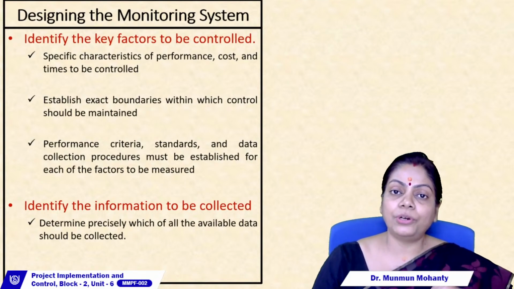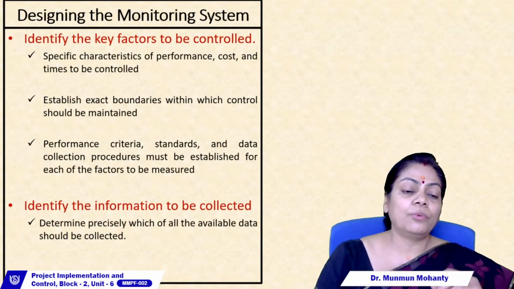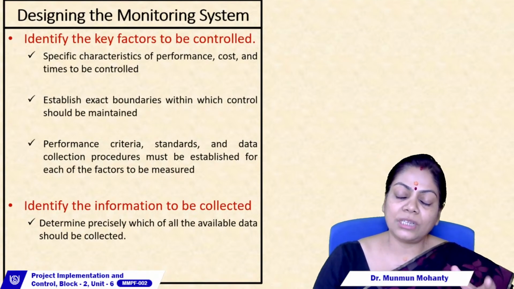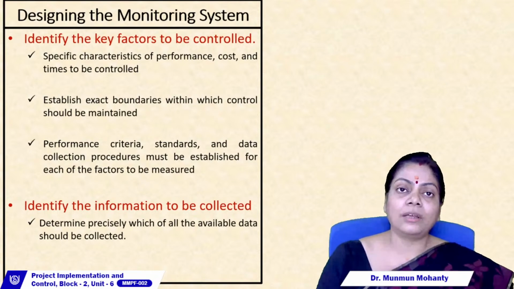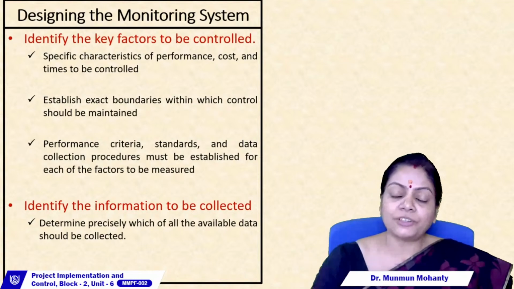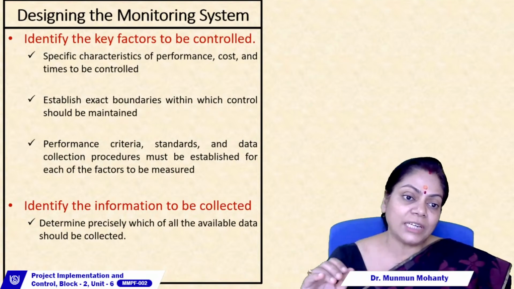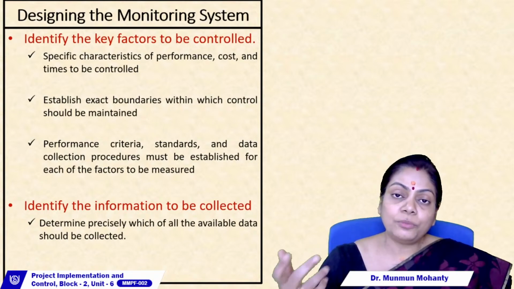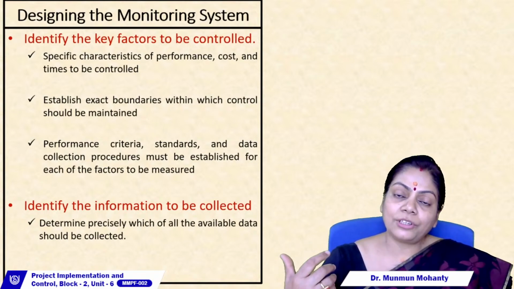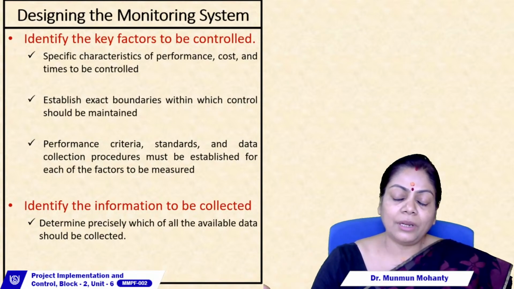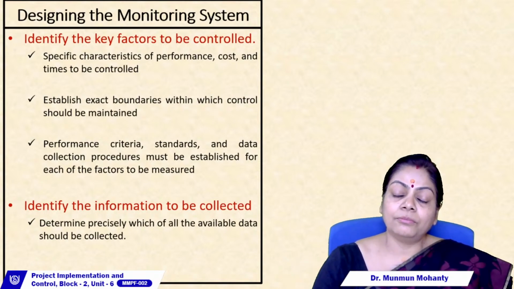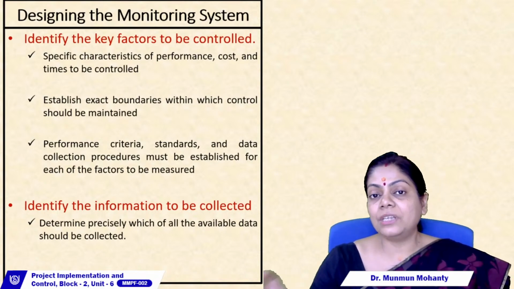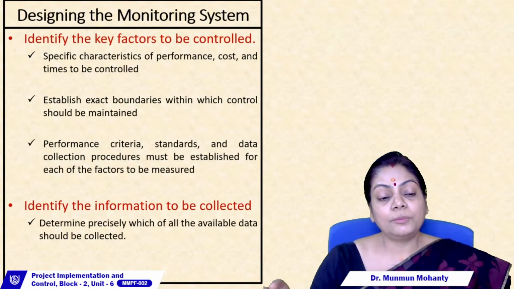Then you have to decide the performance criteria, meaning that if you can quantify the satisfaction of the client, what level of satisfaction is desirable, what should be the standards, and what kind of data collection procedure you must undertake, so that you can judge whether what you are planning to achieve for this factor is being achieved.